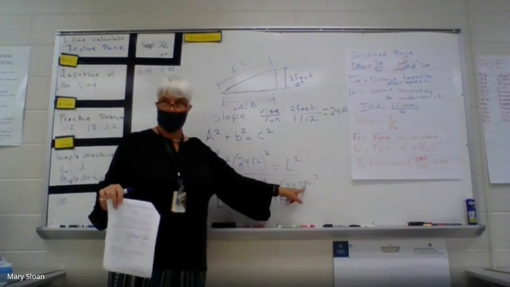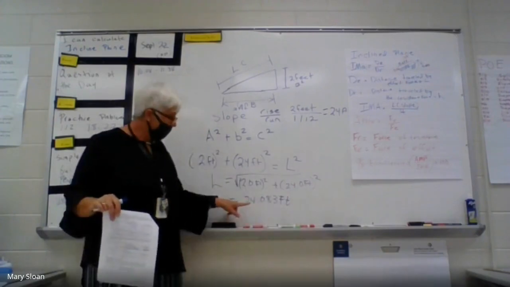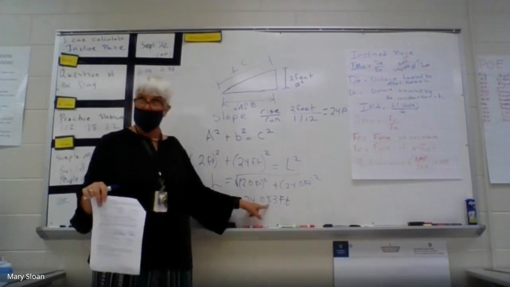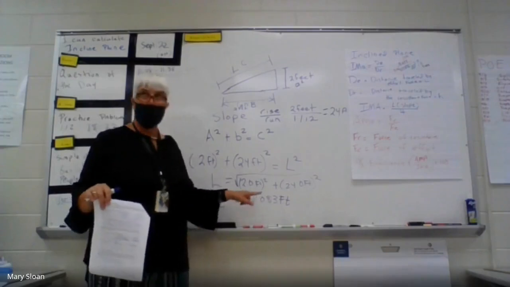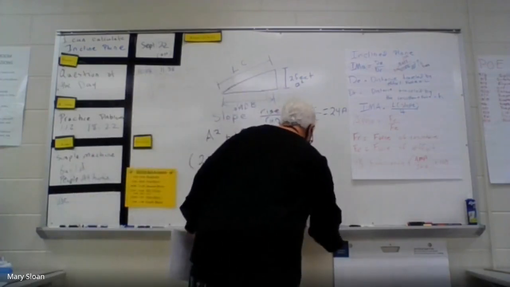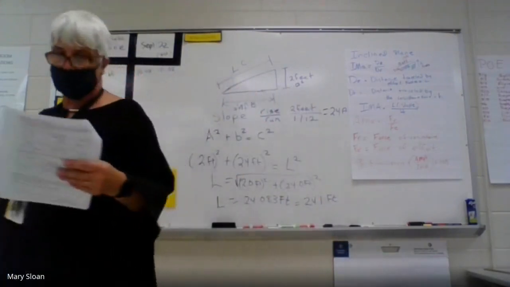So it's 1 past the decimal, right? This has to be the same way. So if I go 1 past the decimal, it's a 0, but I got to look to the next one to decide what that number is. So it's 24.1 feet. And that is my answer.